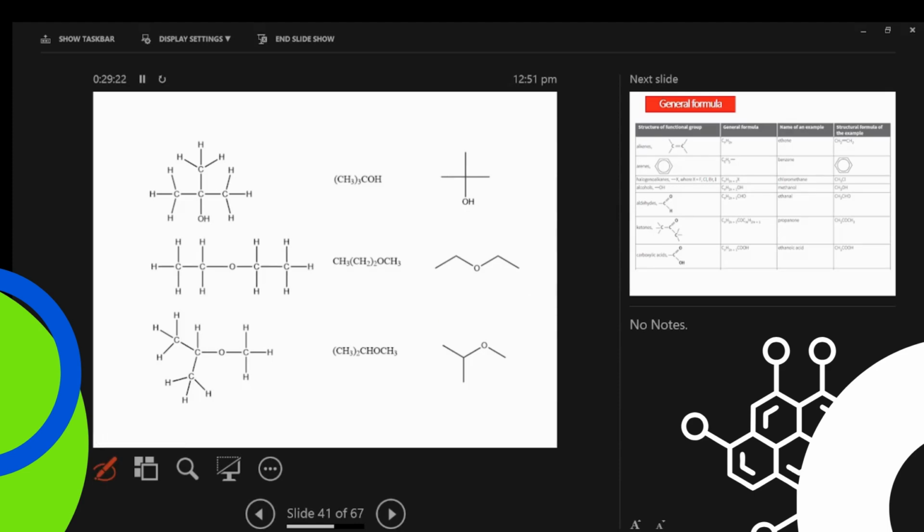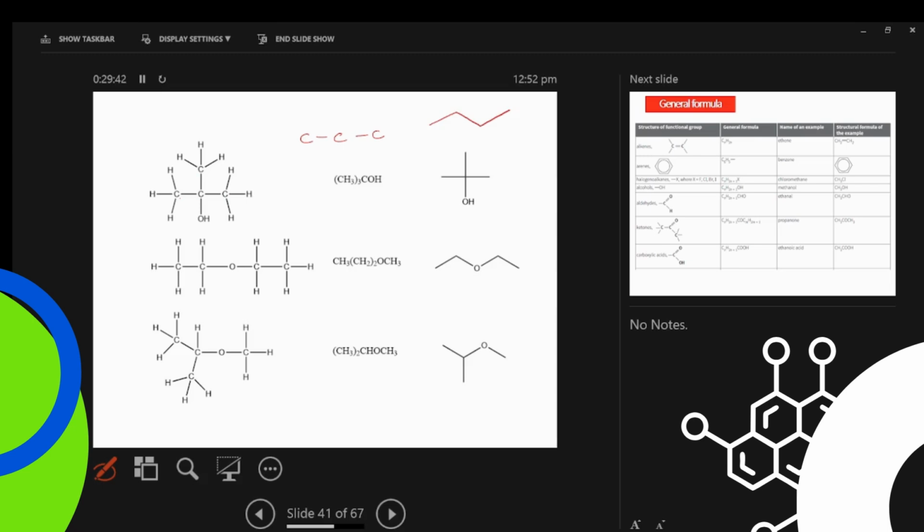Like if this is the expanded form, how to make it or how to convert it into a structural form. Let's look at it. So we have 1, 2, 3, 4 carbons. We have a straight chain, or you can also make 1, 2, 3.